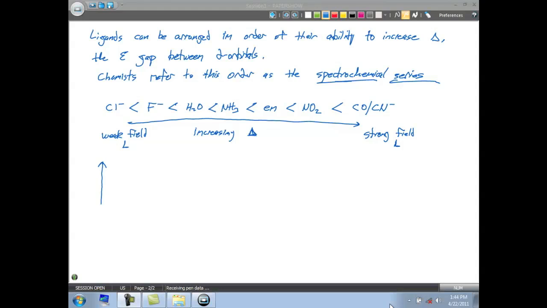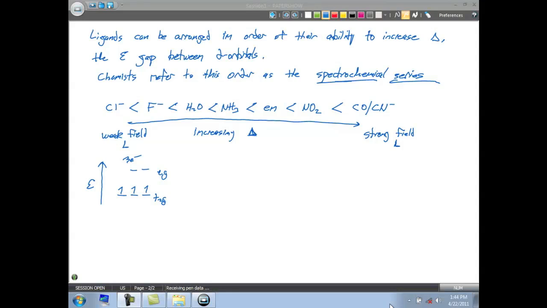So if we have our energy scale and we show the splitting between the t2g and the eg orbitals, if we have 3 electrons, there's only really one feasible electron configuration that would work, and that would be something like this, where all 3 of these electrons are spin up in the lowest energy case possible.